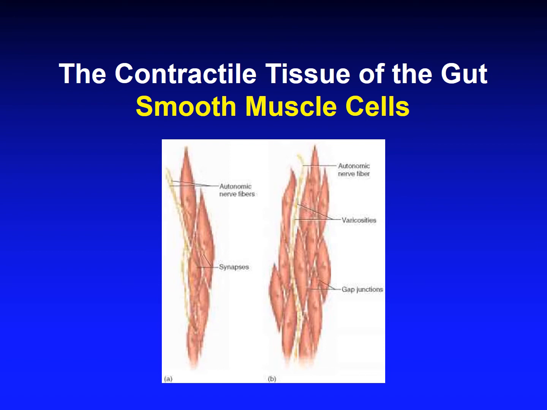First, in A, which is to the left-hand side of the picture, we have one nerve that synapses with a fiber, muscle fiber, to cause contraction.